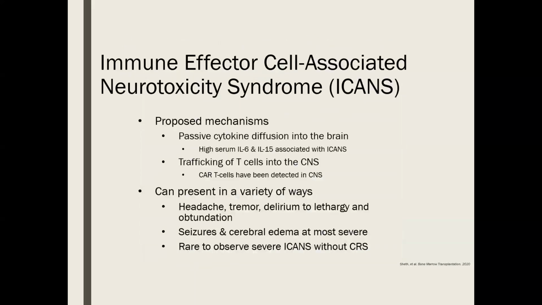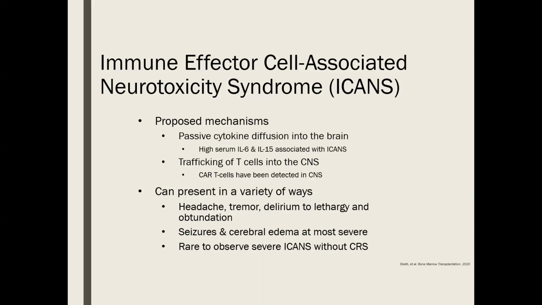Moving on to the other prominent toxicity, we're talking about the neurotoxicity. Its nomenclature is the immune effector cell associated neurotoxicity syndrome, which is a mouthful, or ICANS. The proposed mechanisms include, although we're not 100% on this yet, passive cytokine diffusion into the brain, as we've demonstrated high serum IL-6 and IL-15 levels associated with ICANS, as well as trafficking of T cells into the CNS, as CAR T cells have been detected within the CNS in patients who have ICANS.